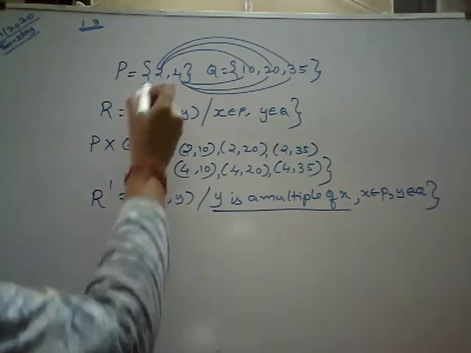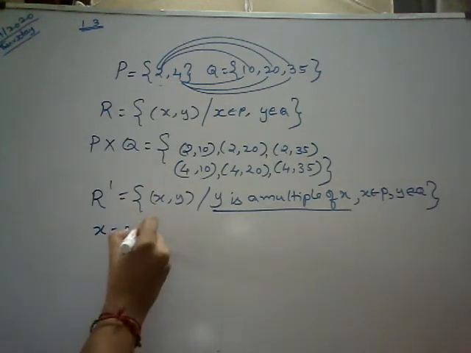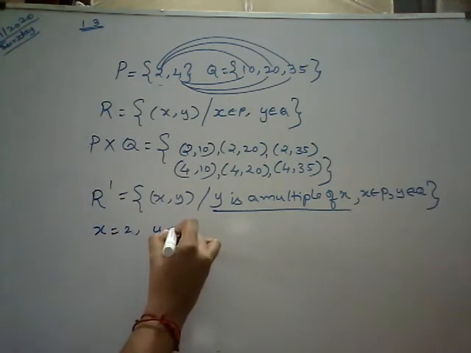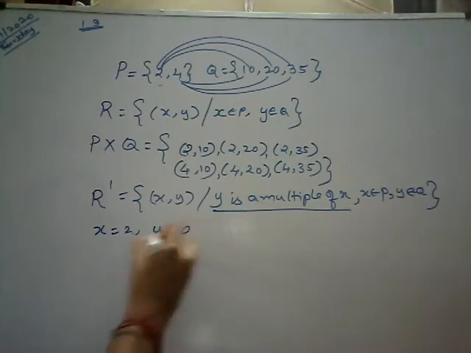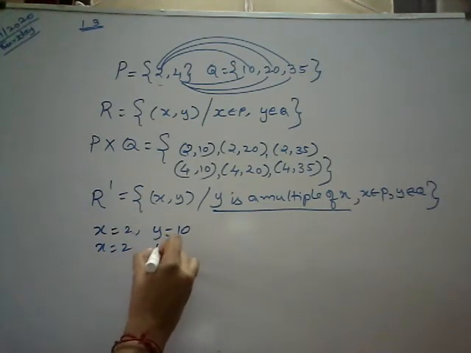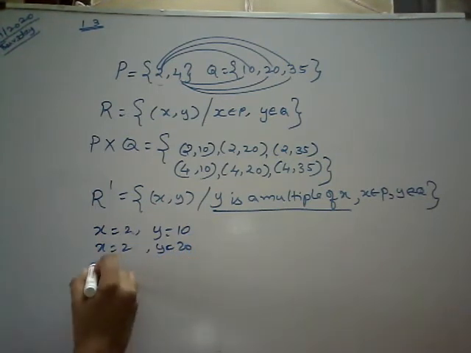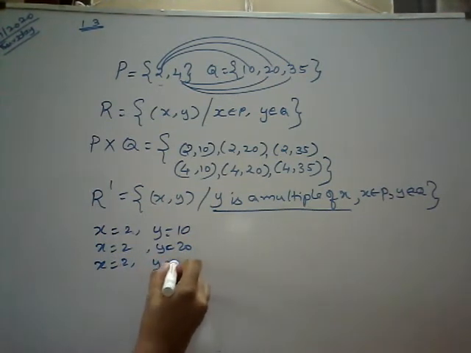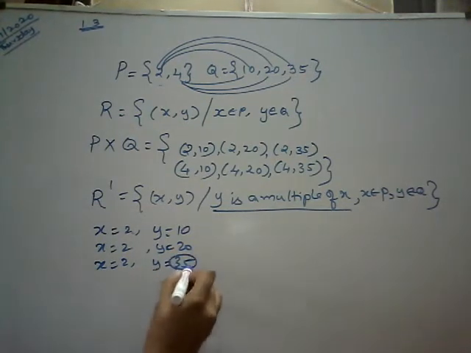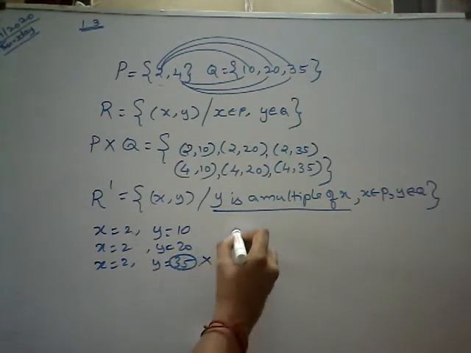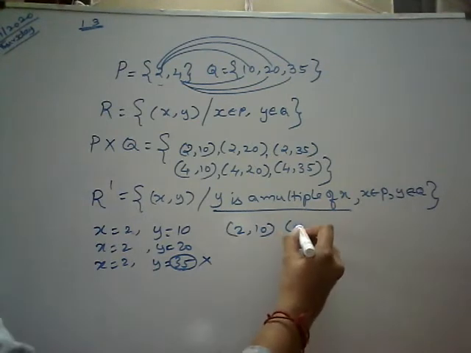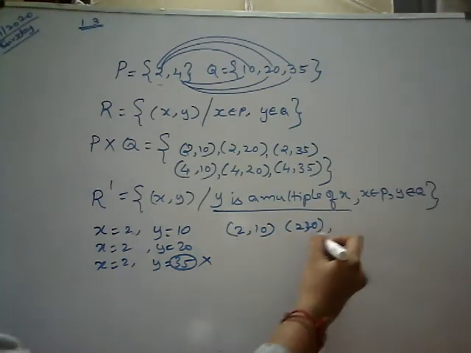If you take x as 2, y can be 10, and with x as 2, y can be 20. Those are multiples of 2. Can you take x as 2 and y as 35? Can we take this 35? Is it a multiple of 2? No. So (2, 10) and (2, 20) will form the relation.